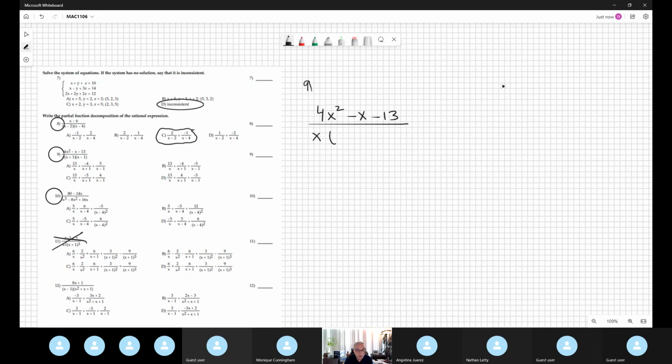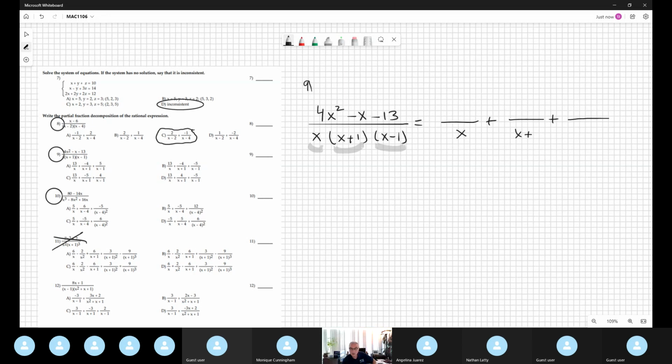And in the denominator, which is the important part, we have x plus 1 and x minus 1. So one more time, we have 3 partial fraction decomposition, 1 per each factor that we have in the polynomial. The order is not important.